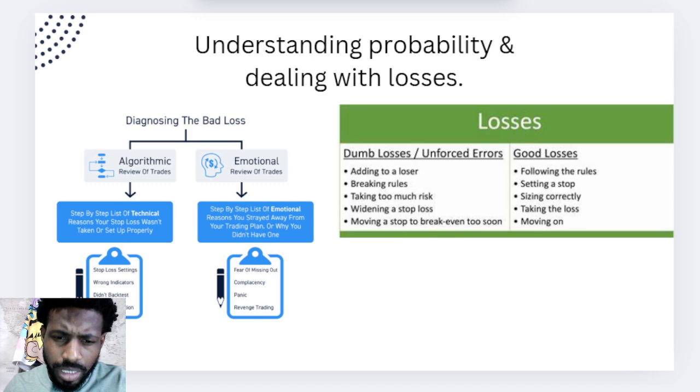Okay. The dumb losses, unforced errors, will be adding to your loser, breaking your rules, which is typically what most people have. Actually, most people don't have rules. Taking too much risk, widening your stop loss.